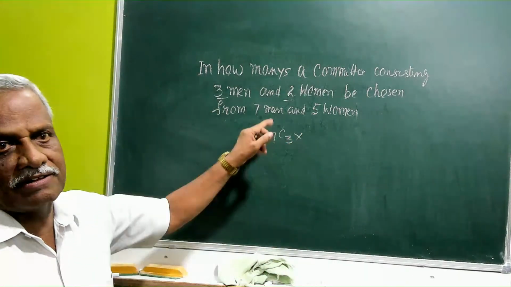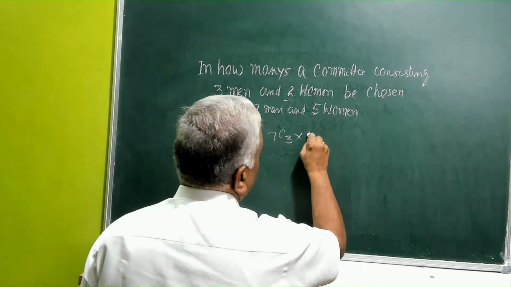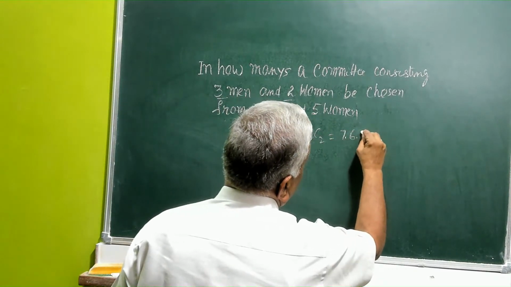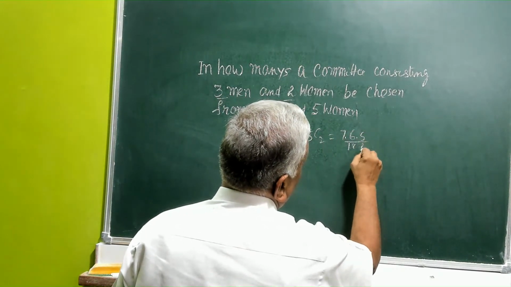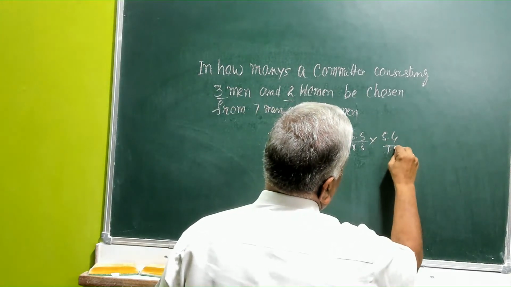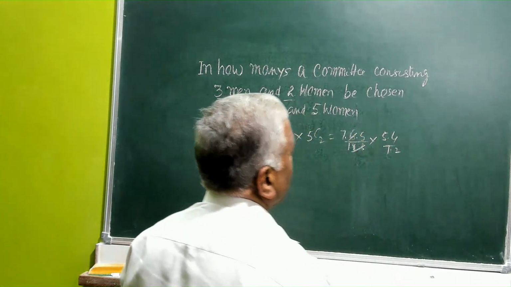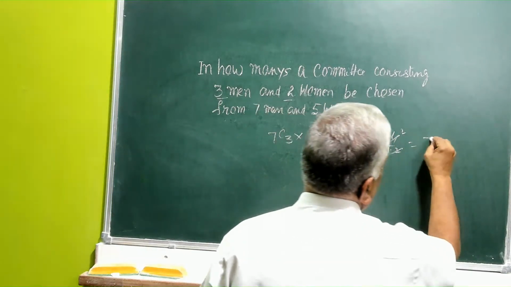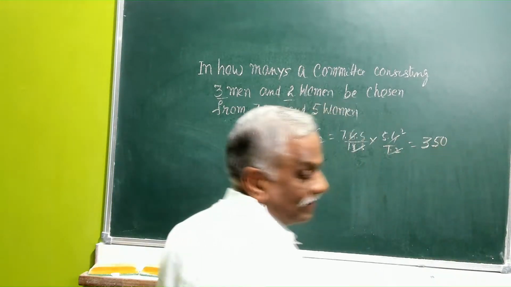How many women are there? 5. Let us select 2. Yes, a simple multiplication. 7C3, 7 into 6 into 5 by 1 into 2 into 3. And 5C2 is 5 into 4 by 1 into 2. So 6 will cancel. 2 4 this is 35 and then 50. Got it?